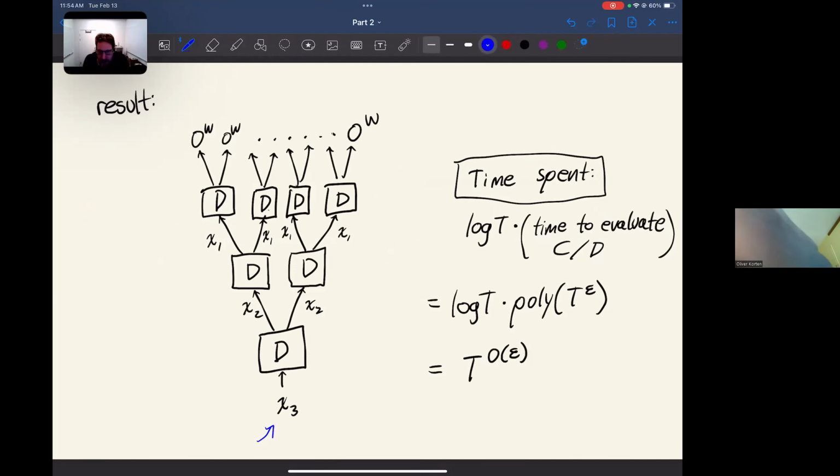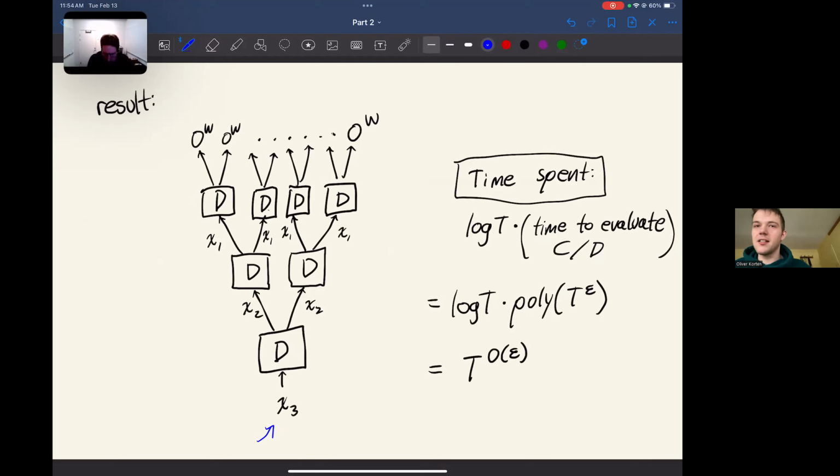Then I got x2, so x2 should spit out 2 copies of x1, and so on down this tree. But the point is that I was able to, in a simulated way, initialize all of the leaves simultaneously to 0, but the actual computation time I spent was only proportional to the depth of this whole construction. So it was only log t times the cost of evaluating the functions C and D, which I assume are computable in polynomial time, so in time polynomial in t to the epsilon.